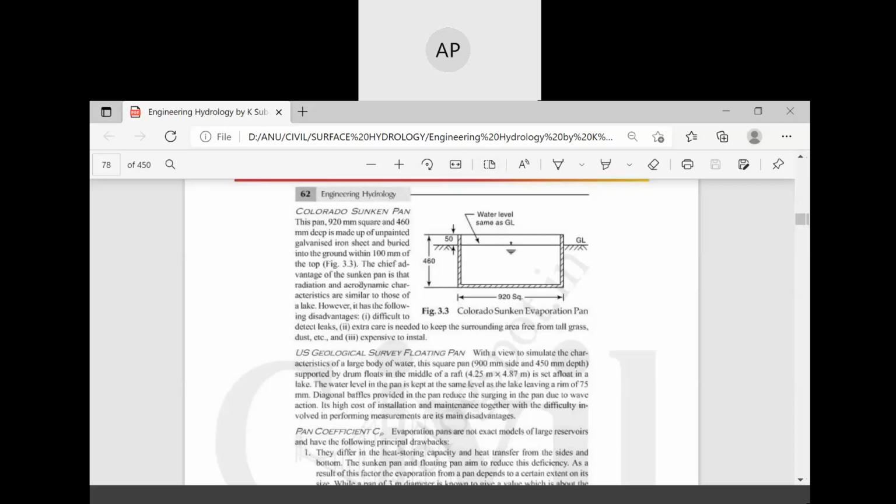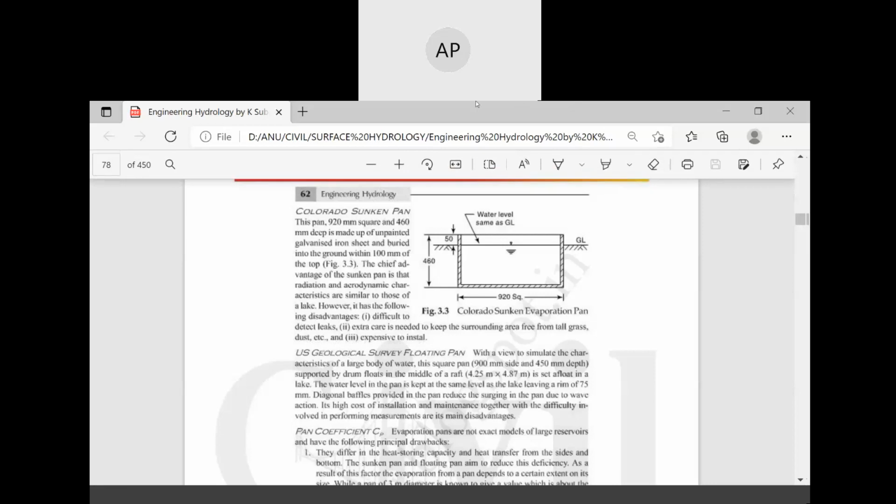The chief advantage of the sunken pan is that the radiation and aerodynamic characteristics are similar to those of a lake. However, it has the following difficulties. It is difficult to detect leaks. Extra care is needed to keep the surrounding area free from tall grass, dust, etc. And it is expensive to install.